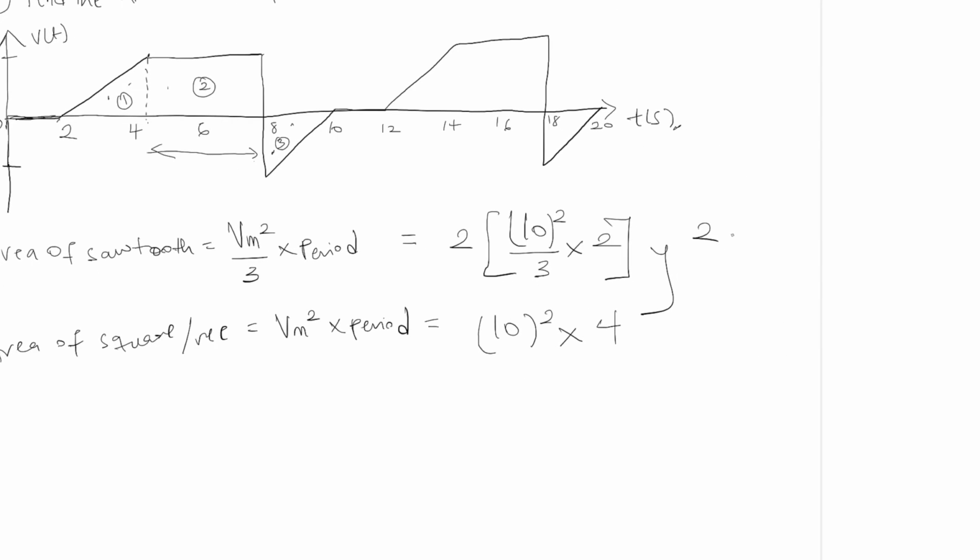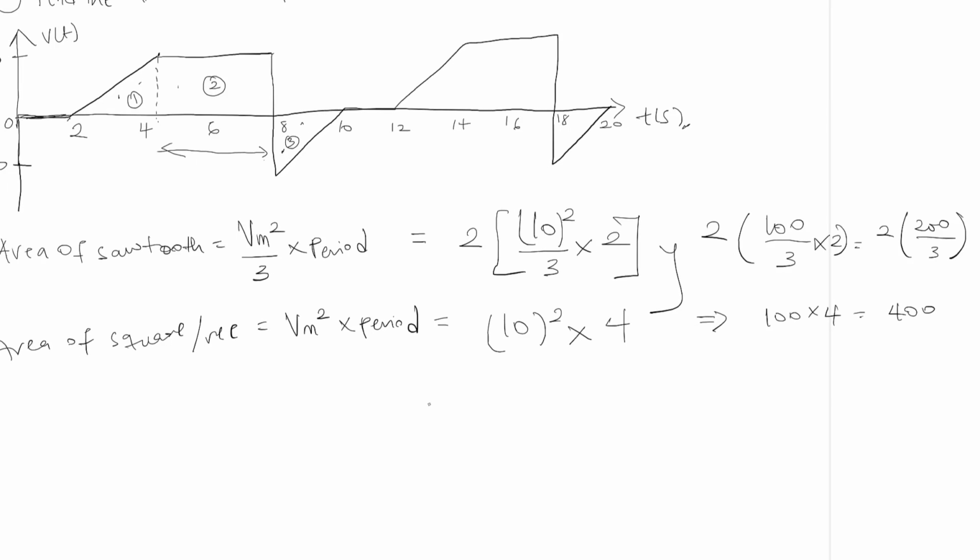It will be 2 times 10 squared, which is 100, all divided by 3 times 2, which gives 2 multiplied by 200 over 3. And for the square, I should have 100 times 4, which is 400.